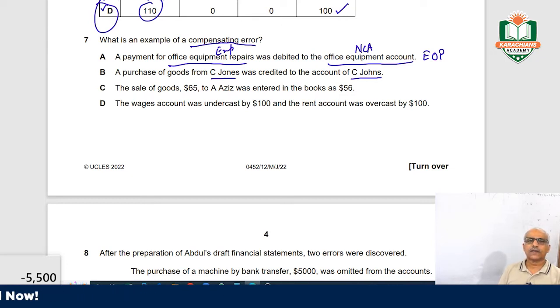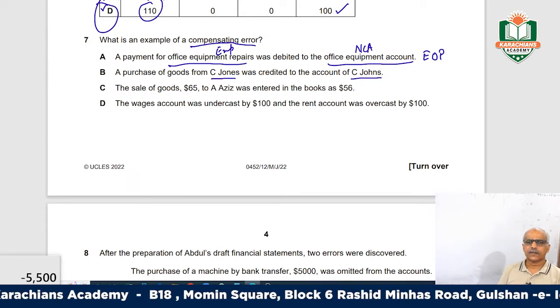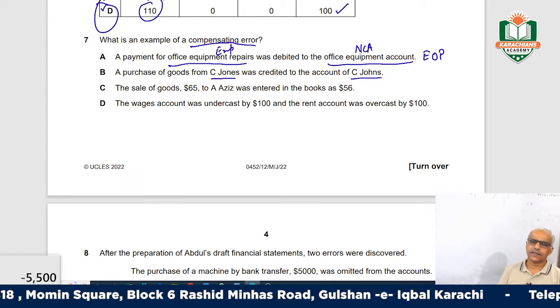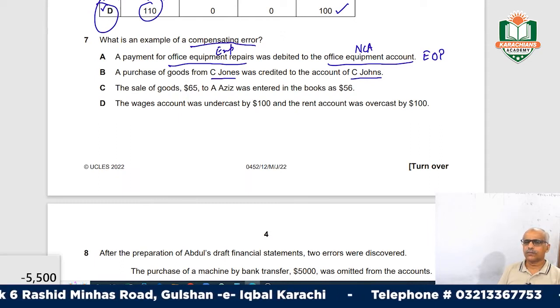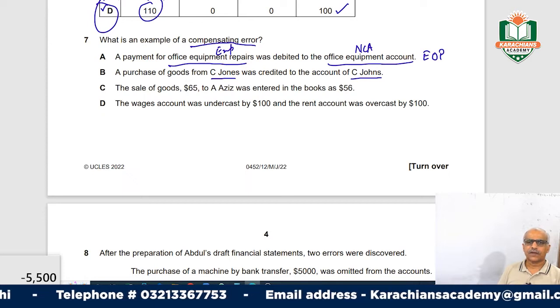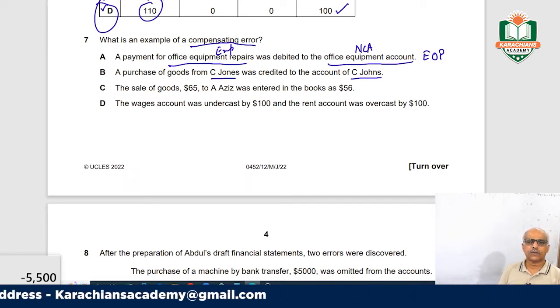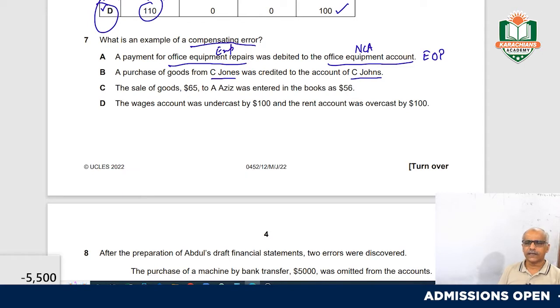They were different suppliers, so there is no impact on the trial balance, but neither is compensating the other. You are missing one and recording one, so you have to correct that. Again, this is not a compensating error.